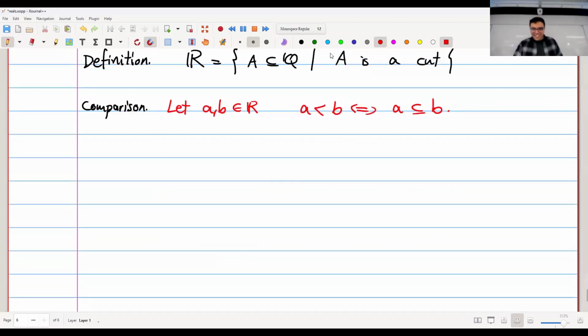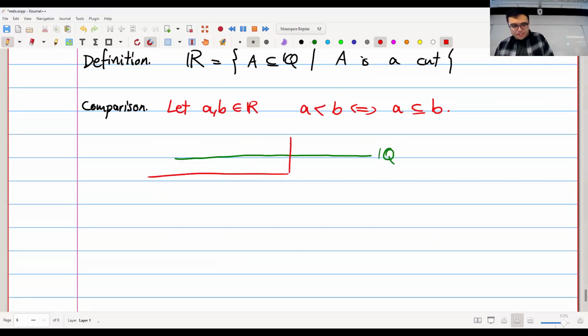Again, let's look at the intuition for this. The intuition is that I have different cuts of Q. So let's say this is Q. I have one cut here and everything to the left here is A. So A is a real number, but it's also a subset of Q. And let's say I have another number B and it's cutting from here, and then everything to the left is B. So when is A less than B?